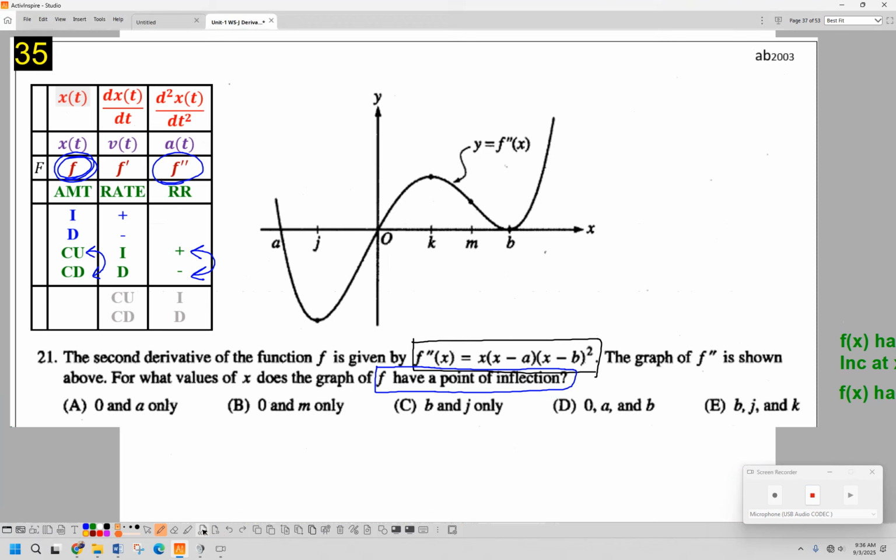So if I go to x equal a, f double prime is changing from positive values to negative.